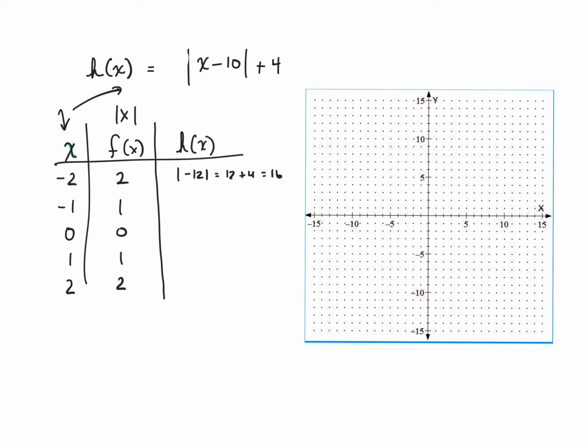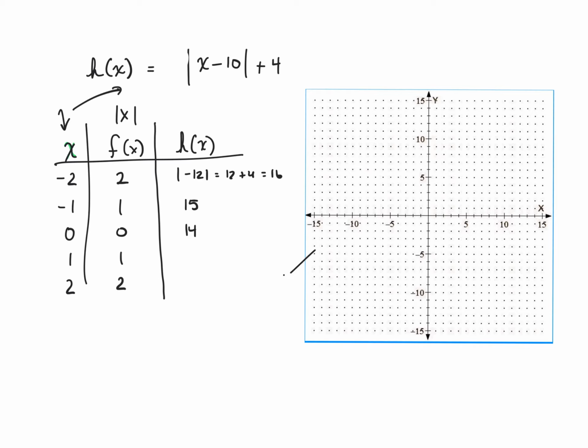The absolute value of negative 11 is 11, and 11 plus 4 is 15. Then I'm going to plug 0 in. 0 minus 10 is negative 10. The absolute value of negative 10 is 10, and 10 plus 4 is 14.